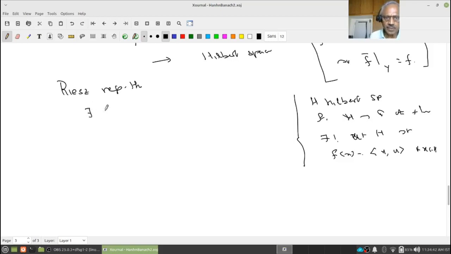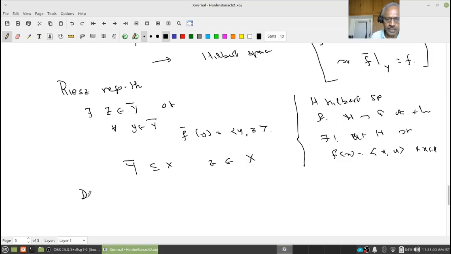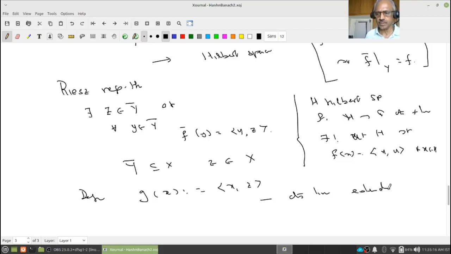Therefore, there exists a z in Y closure such that for all y in Y closure, my f bar of y happens to be the inner product of y and z. Now remember, Y bar is contained in X, therefore z is an element of X. Therefore I can define g of any x to be the inner product of x and z. This will be a continuous linear function which extends f. In fact, it extends f bar and hence f.